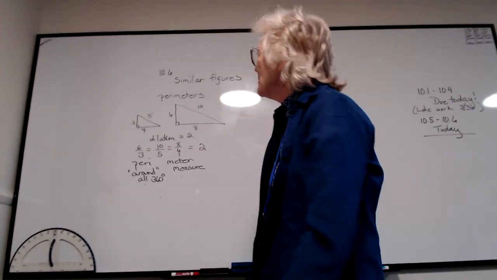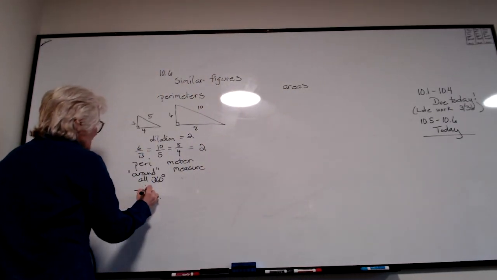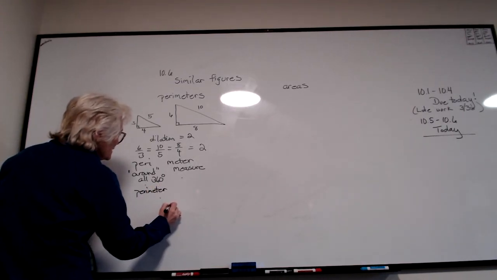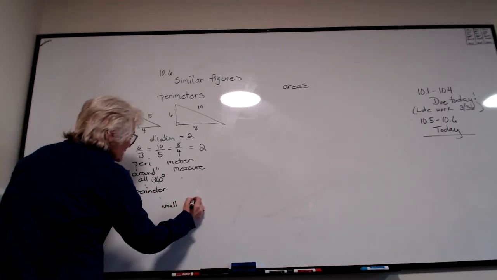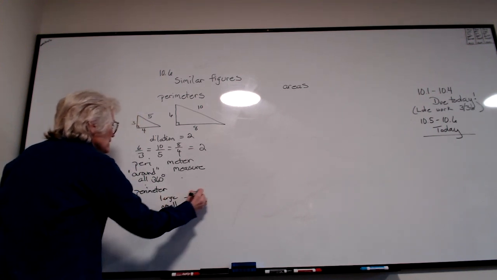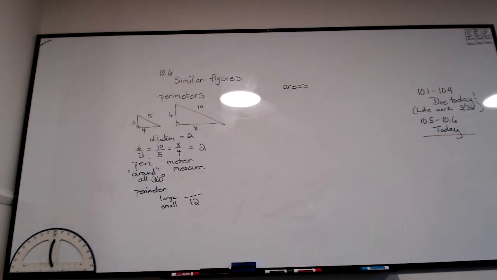Okay, so the measure of the perimeter of the small is 12. What's the perimeter of the large, Harrison? It is 24.